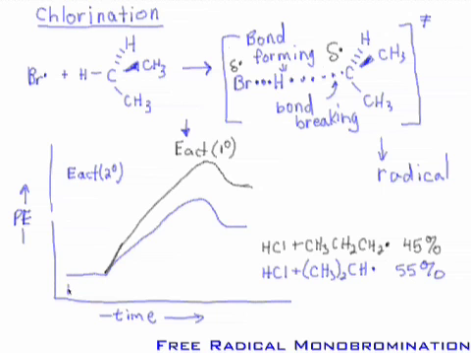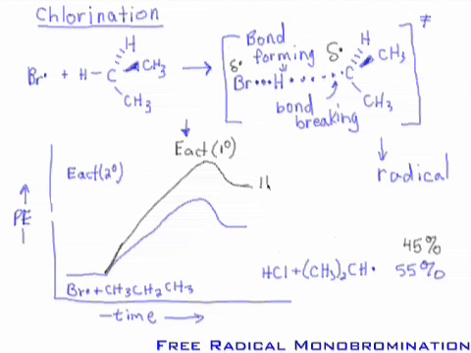And so in this case I've got Br dot plus propane, and the black is my primary radical, so I'll draw this up here beside it.